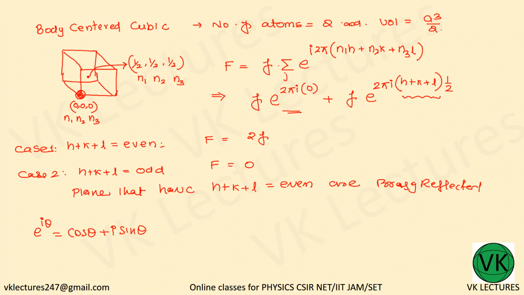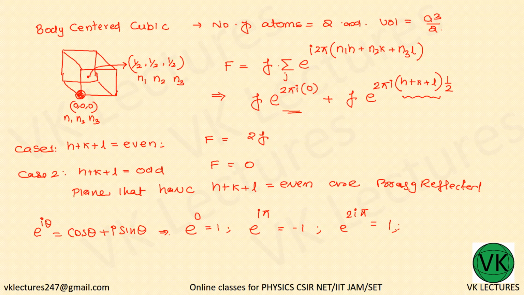So we can write the values of cos theta plus i sin theta as, for example, e to the power 0 equal to 1, e to the power i pi will be equal to minus 1, and e to the power 2i pi will be equal to 1.